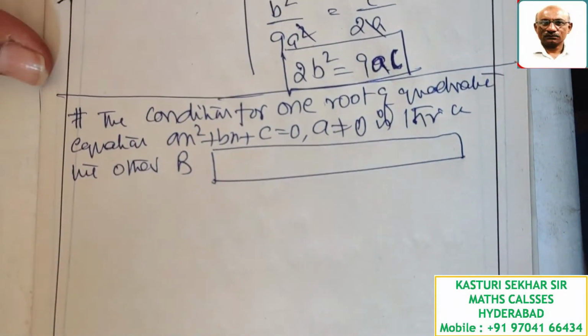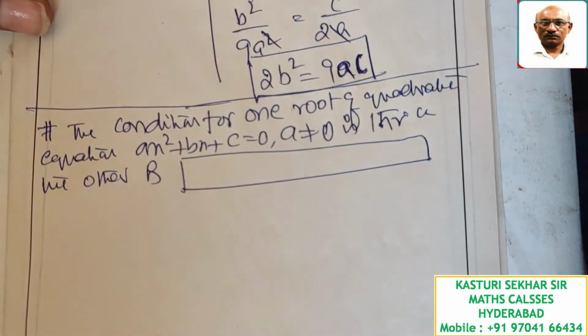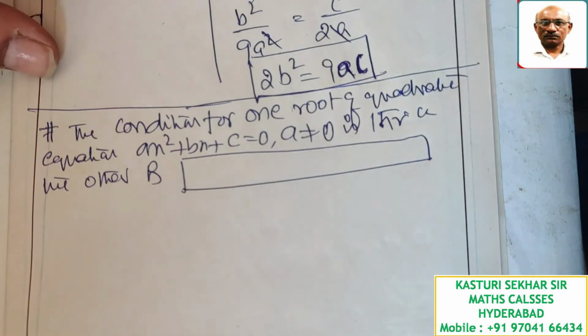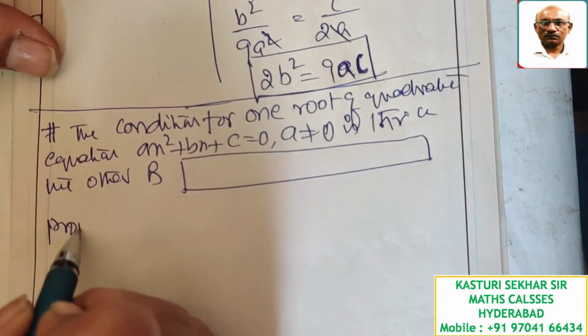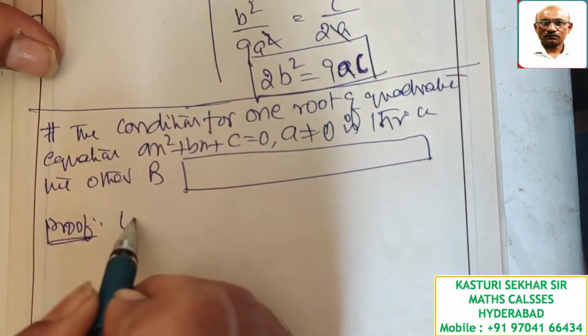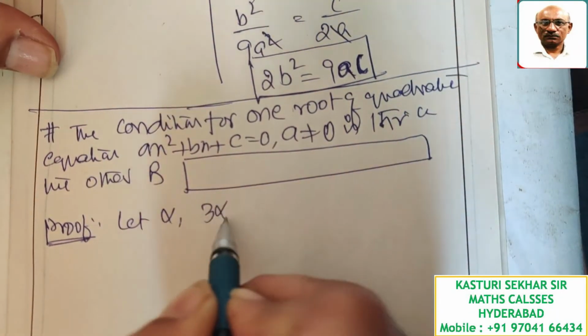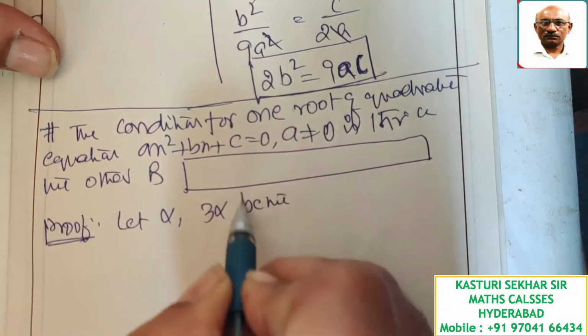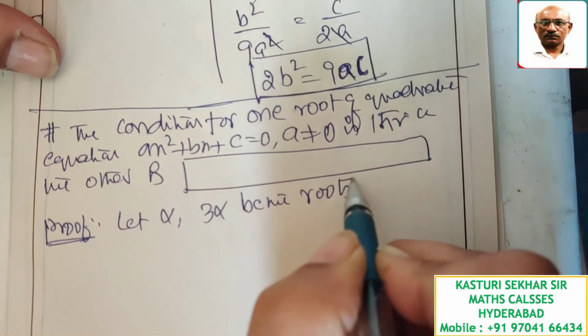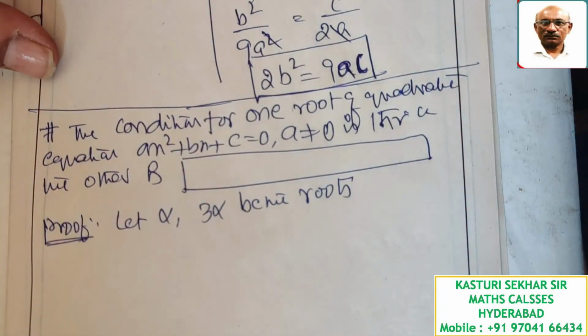Once again, one more result we have. Look at the proof. Let alpha comma 3 alpha be the roots.